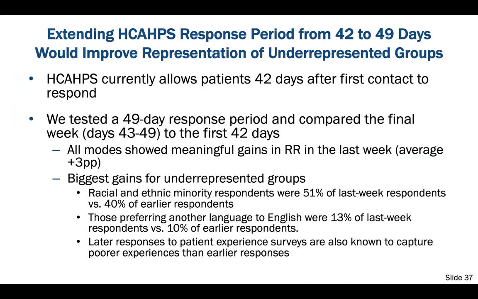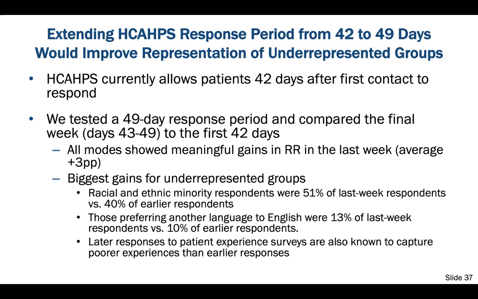We also briefly found that another way you can improve the equity of representation is by increasing the length of data collection or field periods. Among other things, there's evidence in CAHPS that the last people to respond are often people who had the worst experiences. And unfortunately, that often includes racial and ethnic minority respondents.